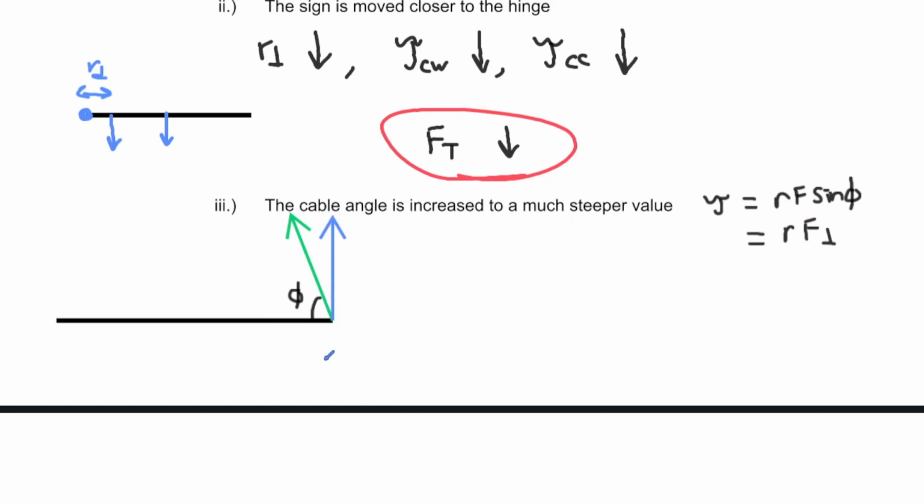So even though it's potentially the same force, it generates more torque because more of it actually goes in the vertical direction. So sine phi actually gets increased, which would increase the amount of torque generated.